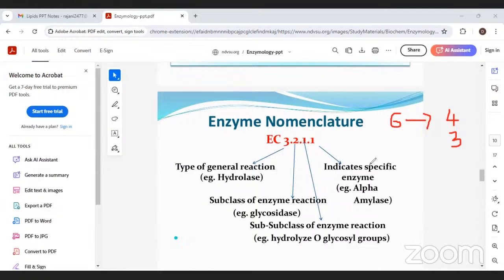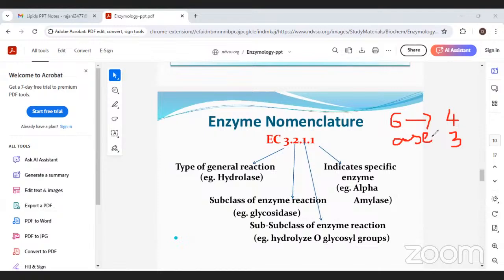The first is the name of the substrate or substrates. The second ending indicates the reaction catalyzed, ending in -ase. You can write the substrate and then -ase; that indicates the reaction catalyzed.